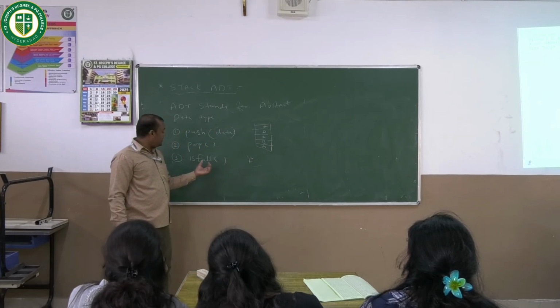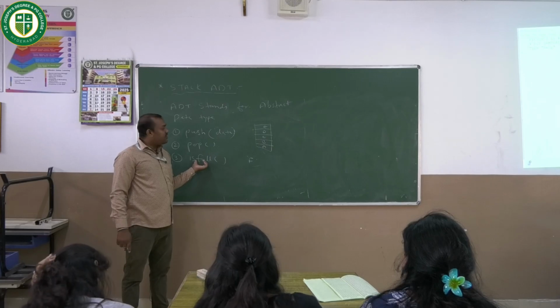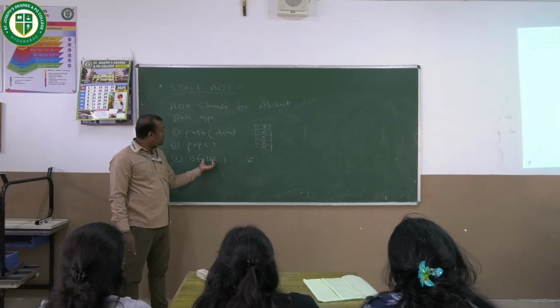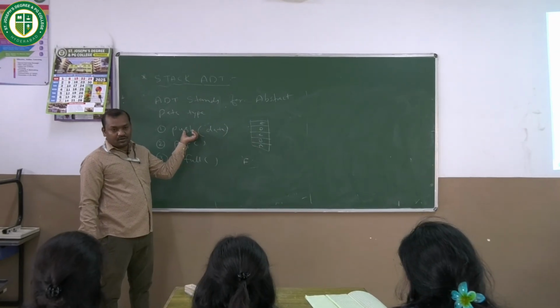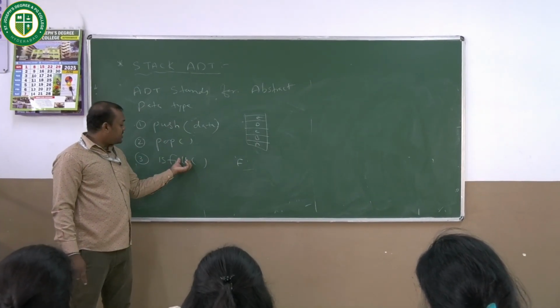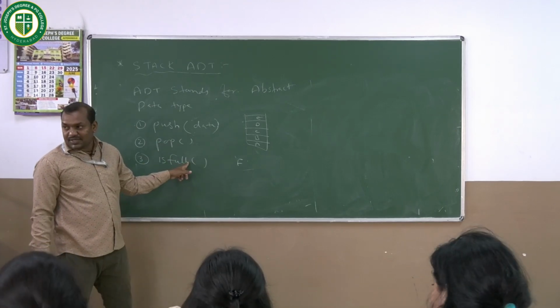So this function will say that your stack is full, you cannot insert the next element. This function is used inside the push function. Before pushing the data, the push function first calls this function to verify whether the stack is full or not.